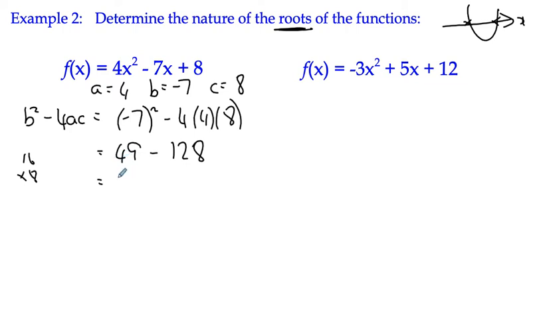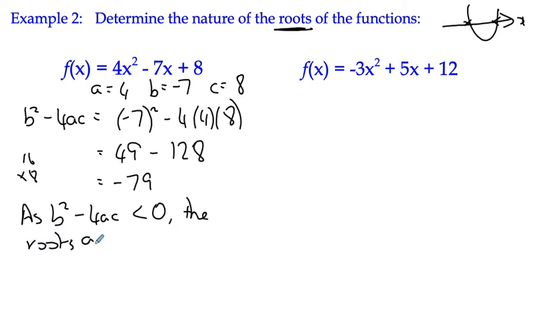Negative 79: 49 take away 128, I'm getting negative 79. And what we've got there is a negative, so b squared minus 4ac is less than 0. The roots are, what are they? Shout it out. Not real.